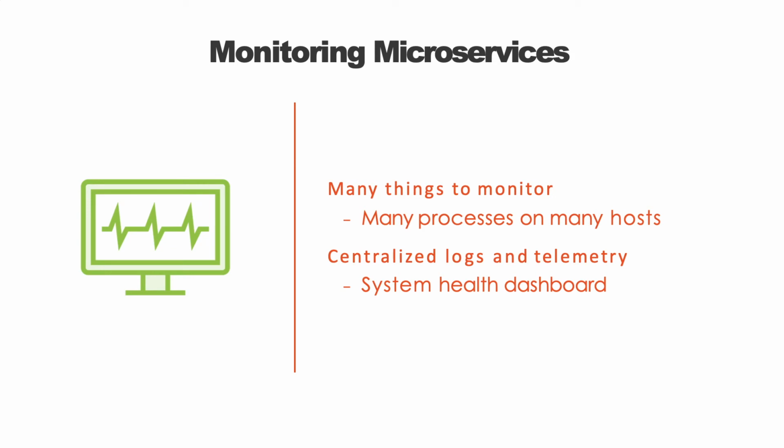So we come to the last point in this presentation, which is monitoring. Of course, we have many things to monitor when we use a microservice architecture. We have many processes running on many hosts. We have our pipeline that must also be monitored. So the idea is to have a centralized platform or dashboard that can give us the health or the status of my system.